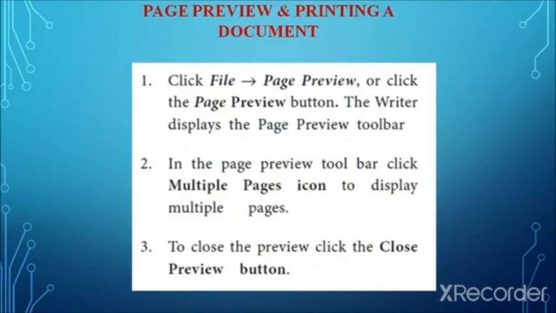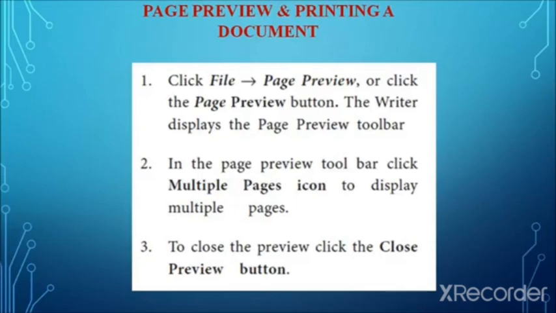And the next topic is page preview. For previewing the page that is created in the word processor, first we have to click the File menu. Under that you can see the Page Preview option, or you can click the Page Preview button. Then Writer displays the Page Preview toolbar.